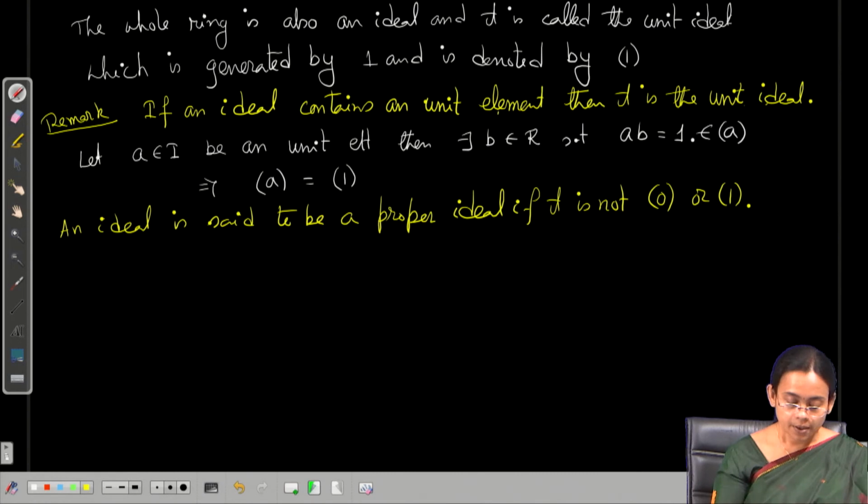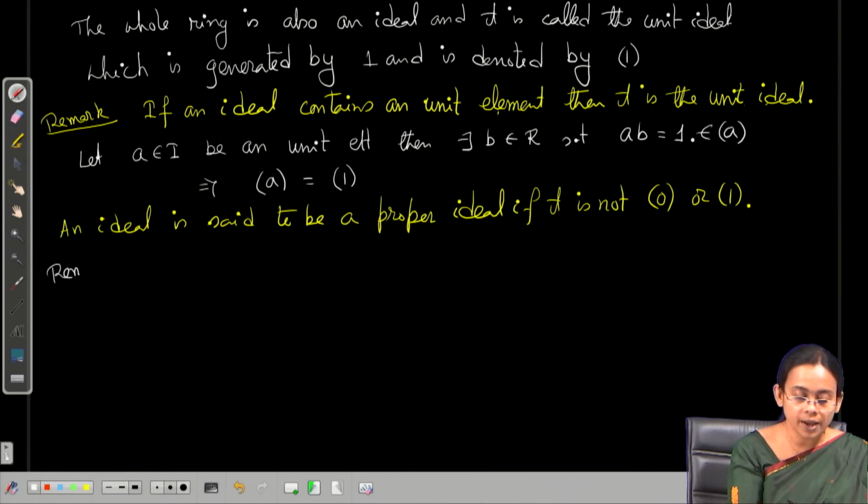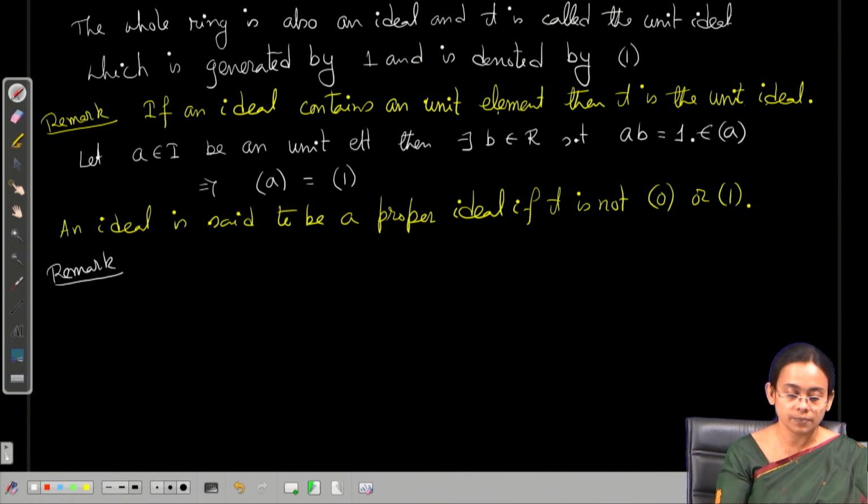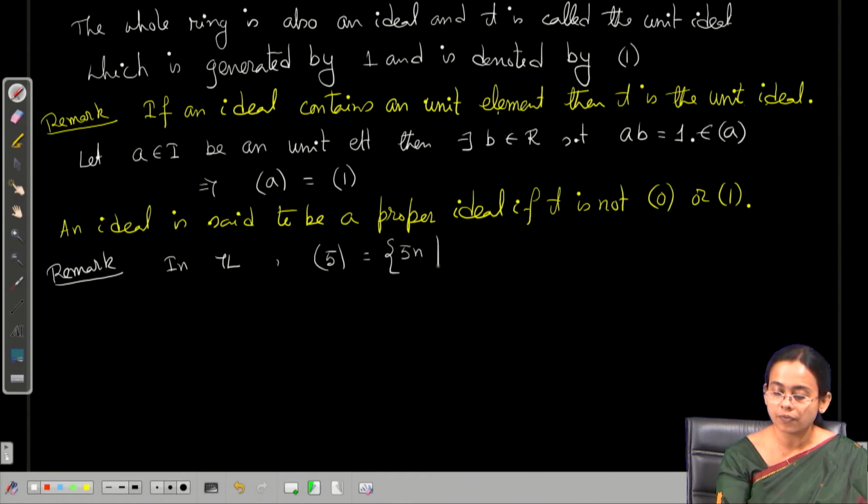But here another important thing to note is that it very much depends on which ring we are considering the element. So, for example, if we are in the ring of integers and consider the ideal generated by 5, then the elements of this ideal are nothing but the multiples of 5, where n is varying over all the integers.